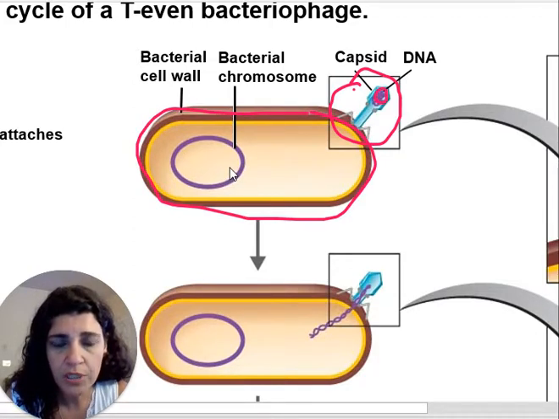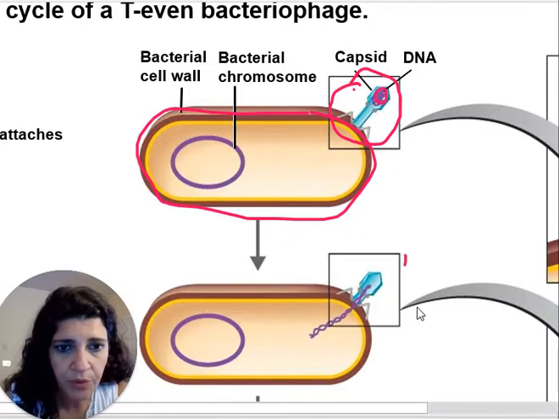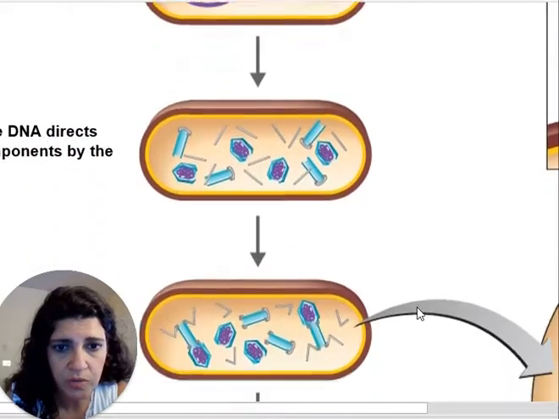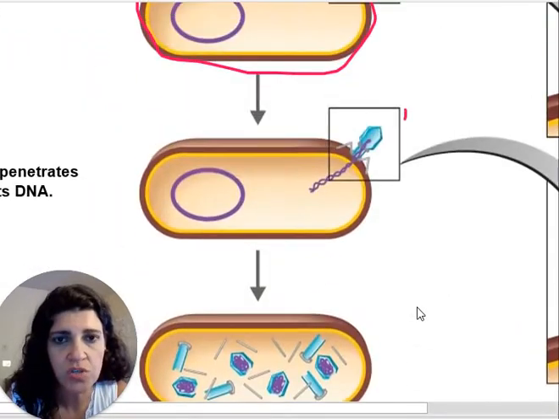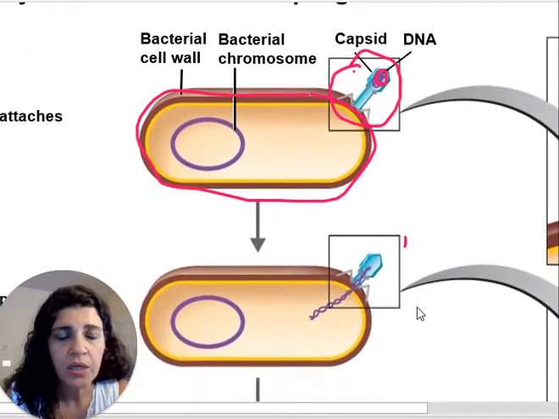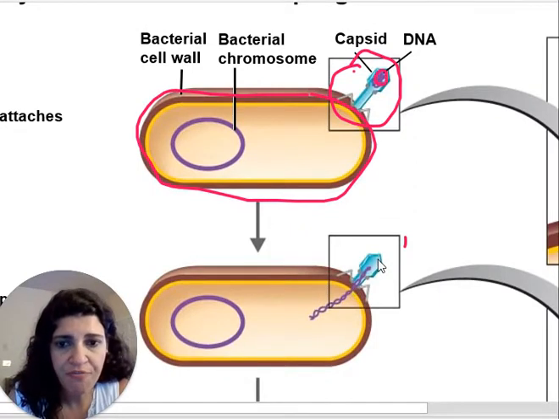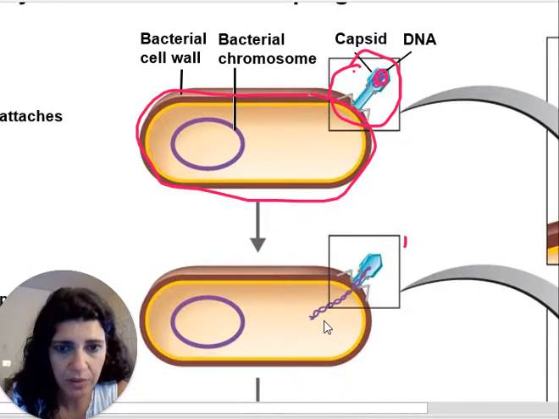Remember, purple here is going to be the bacterial DNA, okay? Actually, they make both DNA look purple. So in this case, let's just not think about the color. The phage is injecting the genetic material into the bacterium, right? This is the bacterial DNA, okay?